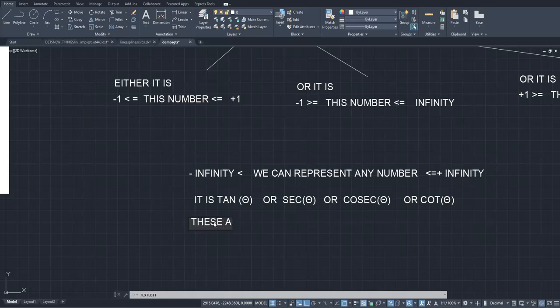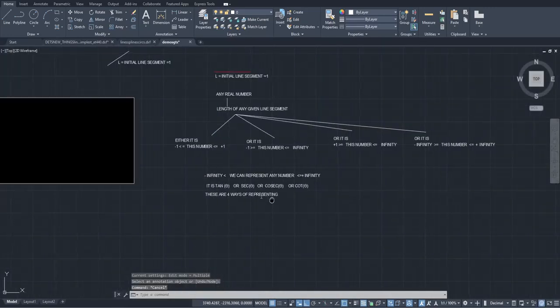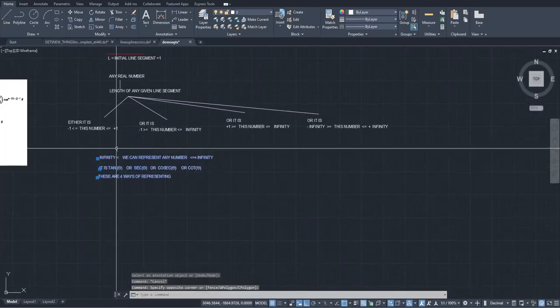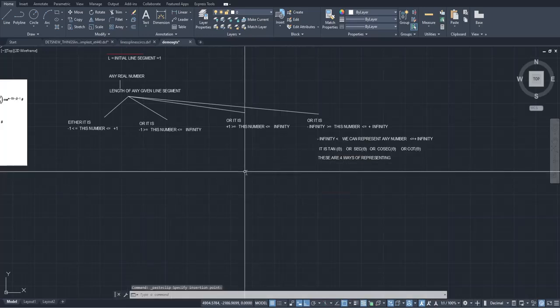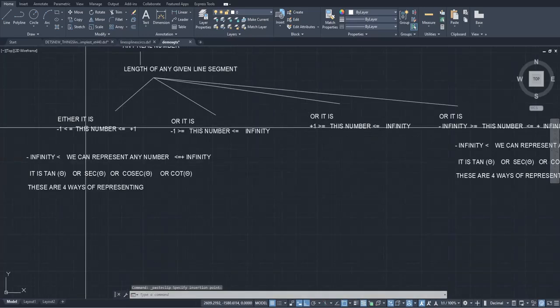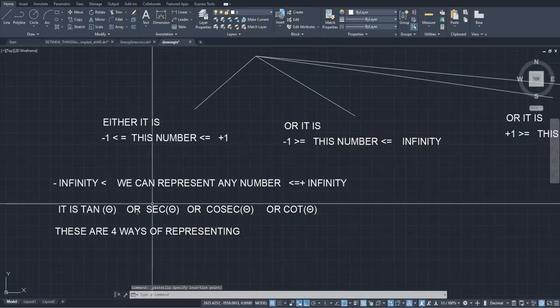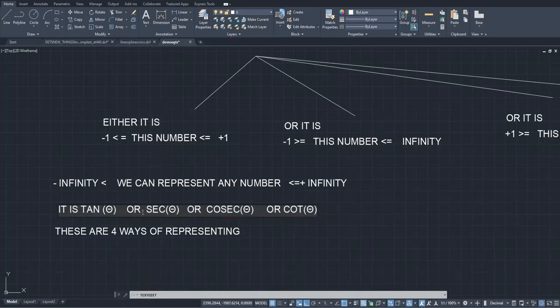Similarly, for the cases where values are from minus 1 to plus 1, we can take it as tan theta or cot theta, or as sin theta or cos theta.